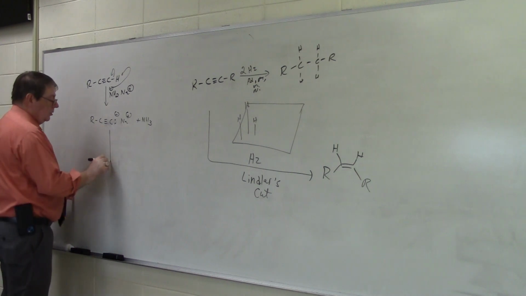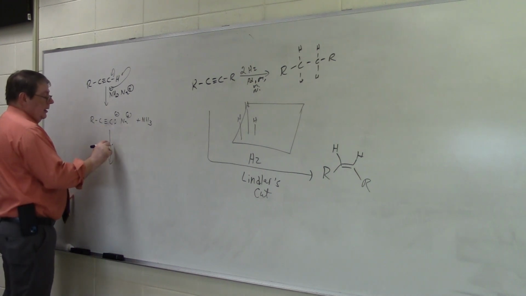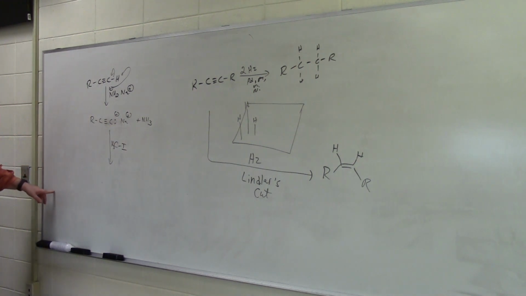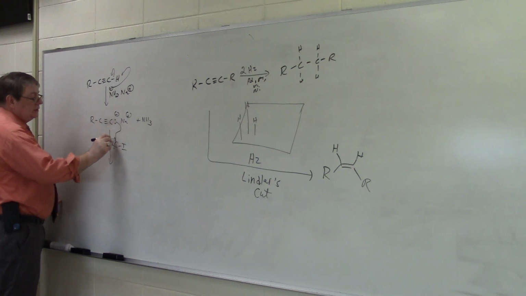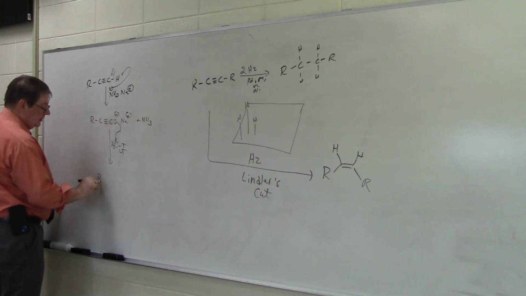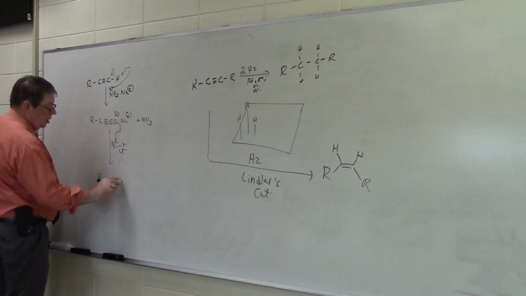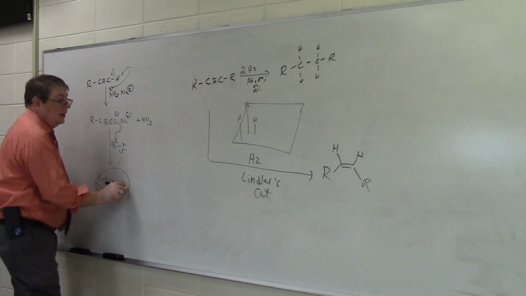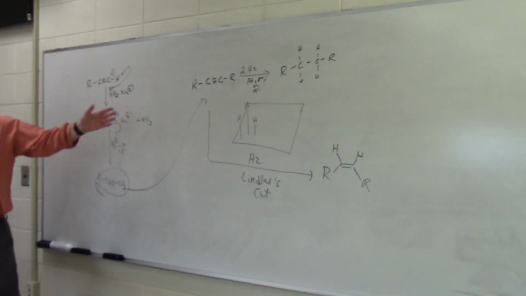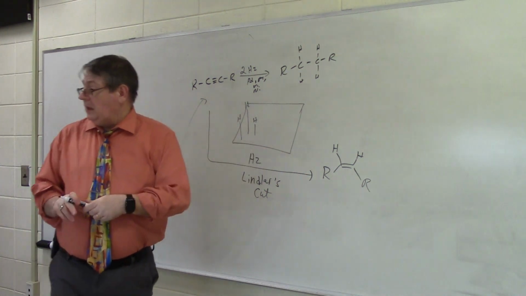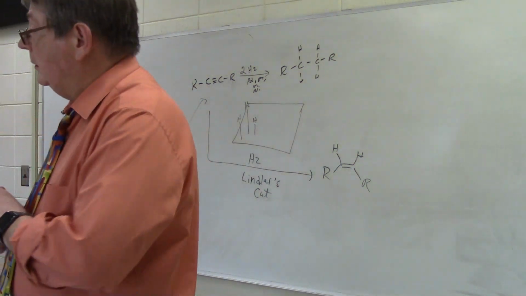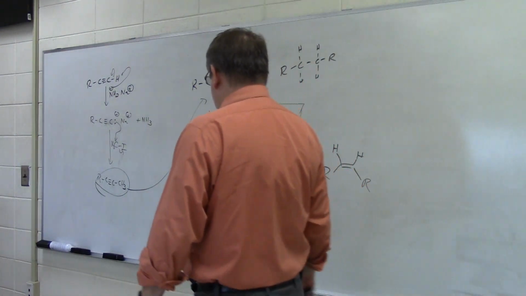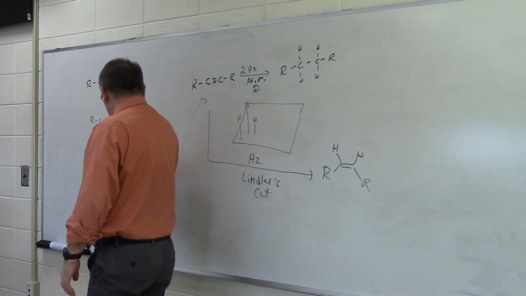So now we can react that with something like CH3 iodide, methyl iodide, or iodomethane, and do an SN2 reaction that allows us to make a carbon-carbon bond. Now we can take that and hydrogenate it, either to give us an alkane or an alkene. That's a nice thing about alkynes: that terminal hydrogen turns out to be pretty reactive towards base, so we can make carbon-carbon bonds pretty easily.